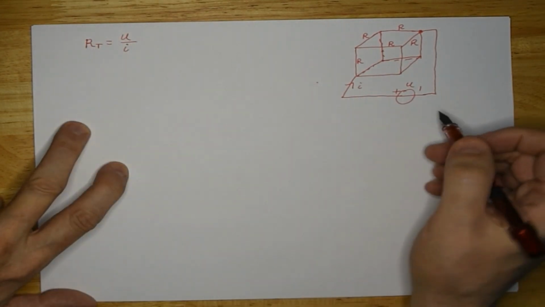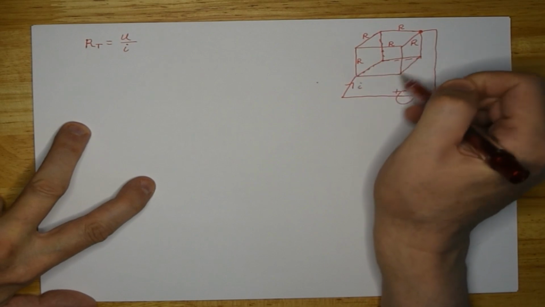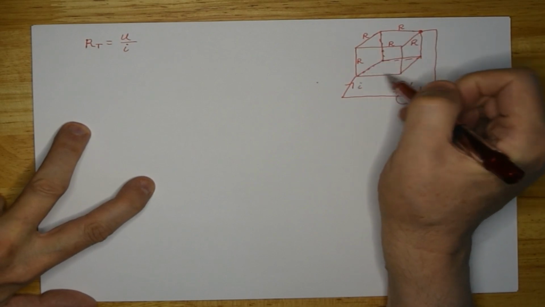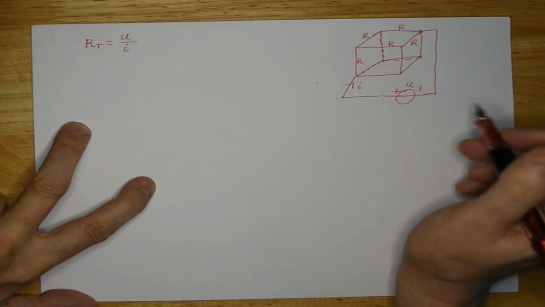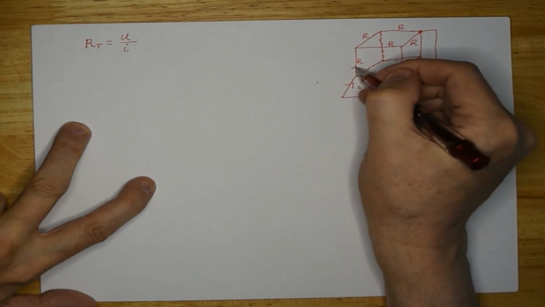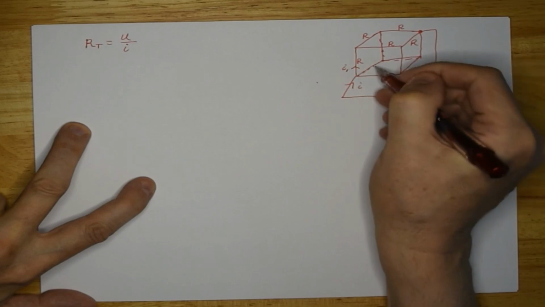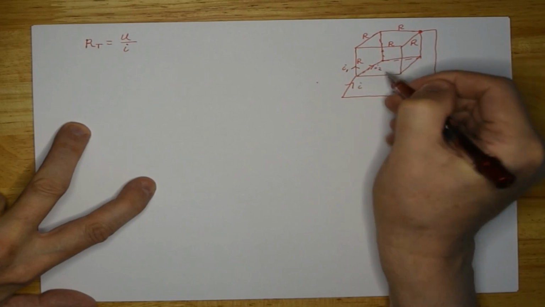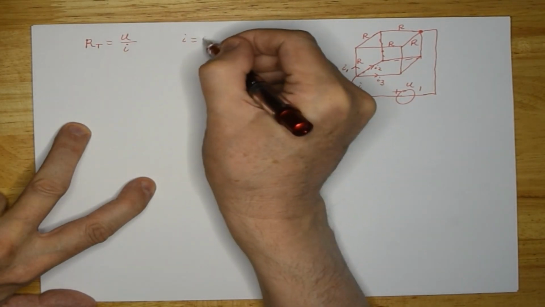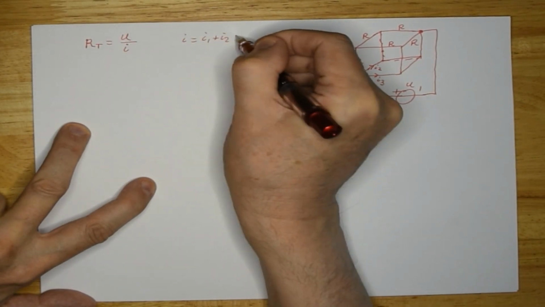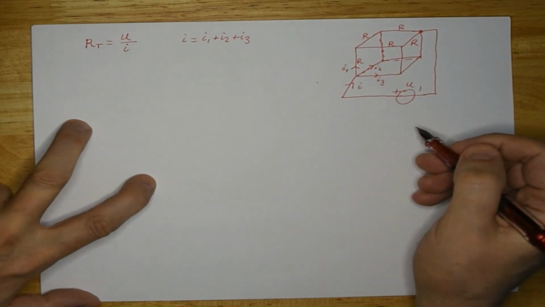What is RT? Now, if we look very carefully, this looks very symmetric. And according to Kirchhoff, there will be currents running here. There will be an I1, there will be an I2, and there will be an I3. So we can say I equals I1 plus I2 plus I3.